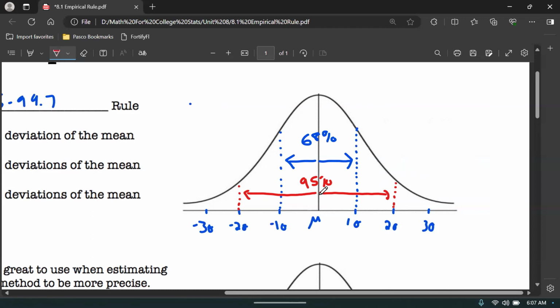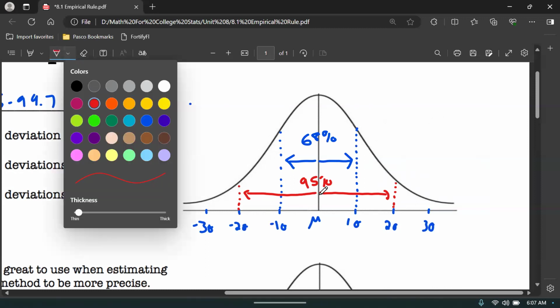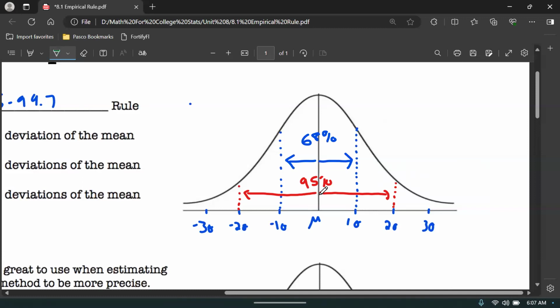And then finally, we have 99.7, which will go all the way out to 3. Kind of out of room. 99.7%, almost 100% of the data, will be within 3 standard deviations. Only a very little bit of the data would possibly be out here on the outskirts beyond 3 standard deviations.